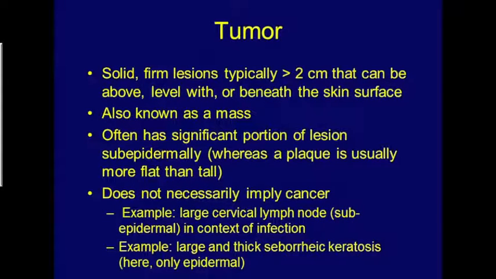So tumors are usually greater than 2 centimeters in diameter. They're really exophytic, so they're above the skin, although you can have large tumors that are on the undersurface, and you can feel that. Occasionally, instead of calling that a tumor, it's called a mass.